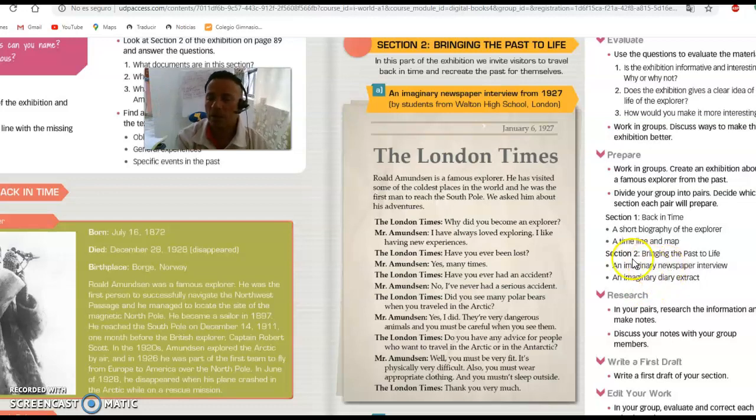Section two brings the past to life, an imaginary newspaper interview. You can also do an imaginary diary extract. These are suggestions for this project that you need to do. I insist, it is your homework number 4. If you do this, you are doing your homework number 4.